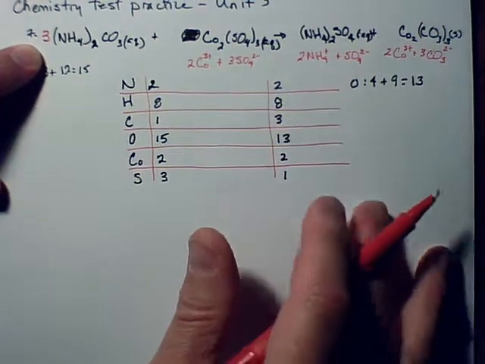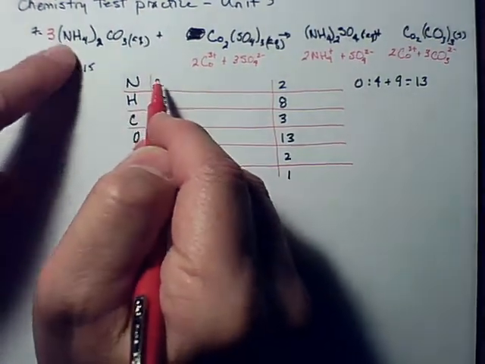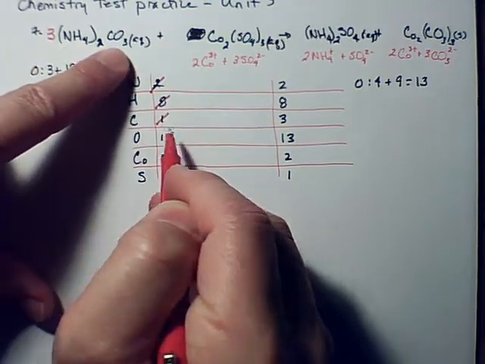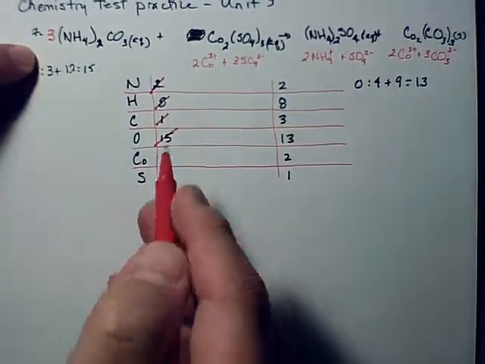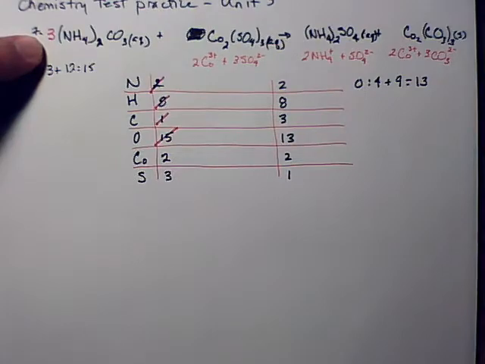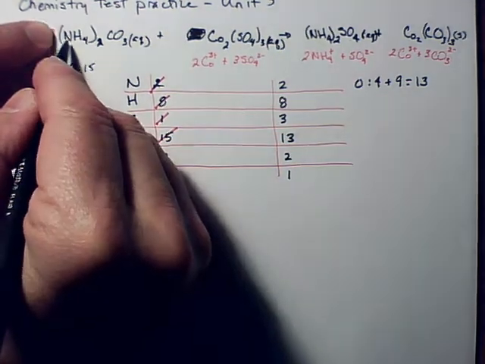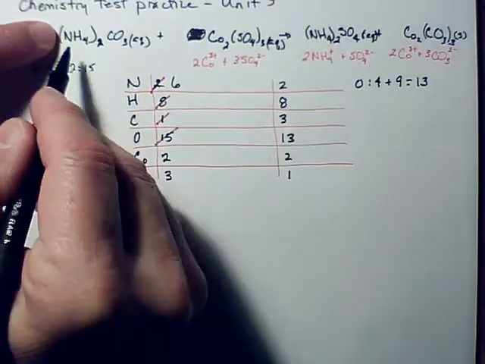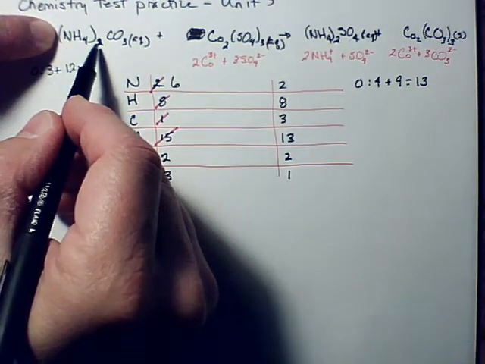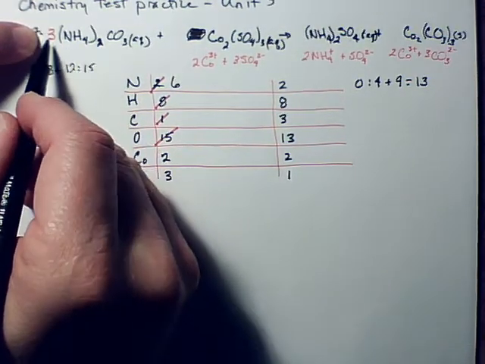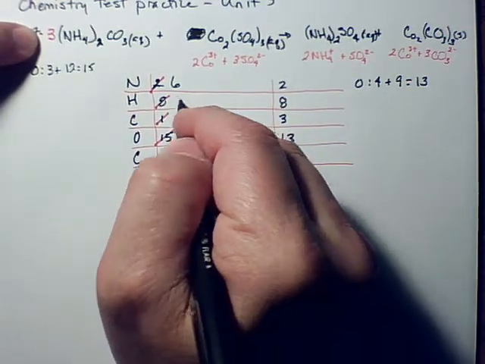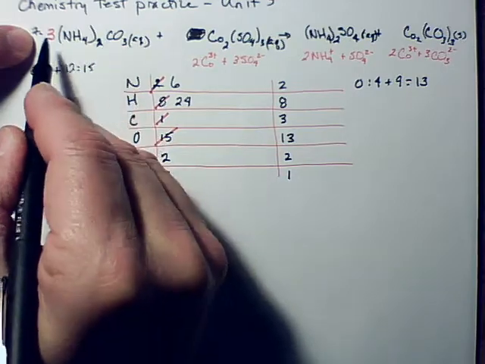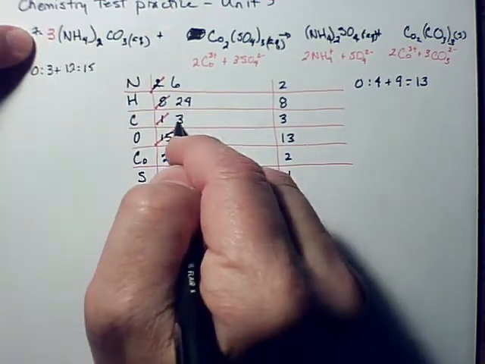Then that's going to change the number of nitrogens, hydrogens, carbons, and oxygens. Alright, so we now have 2 nitrogens because of this 2 outside the parentheses times 3, that's 6. I have 4 hydrogens times 2, that's 8, times 3 is 24. I have 1 carbon here, times 3 is 3 carbons.